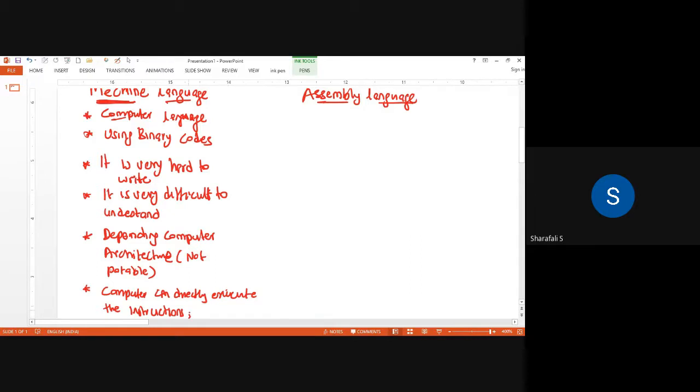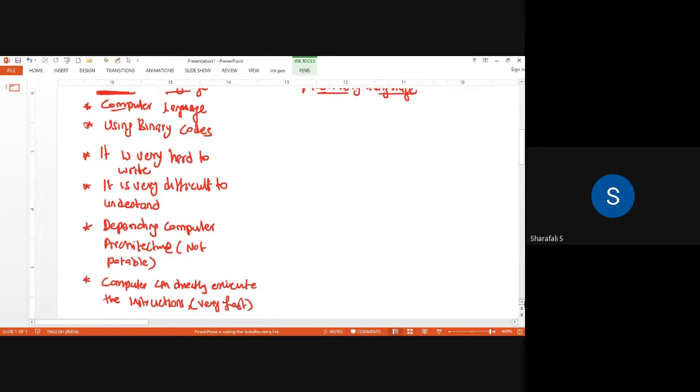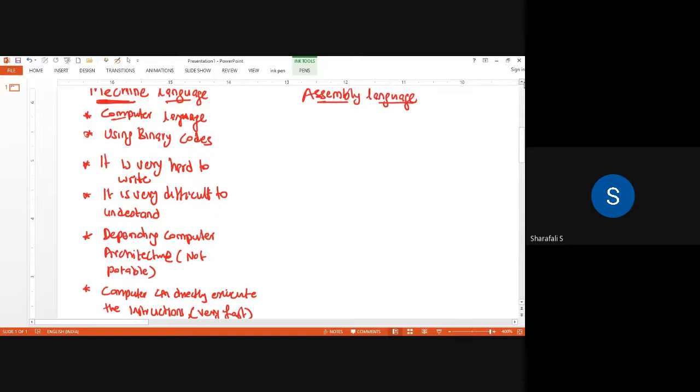When you are writing something in binary codes, the computer can easily understand that, and the computer will do the task very easily. We do not have to convert that program into some other language. That is not needed here, because we are already writing it in binary form. So the computer can quickly understand this binary data and execute the program much faster than with any other language. That is the advantage.